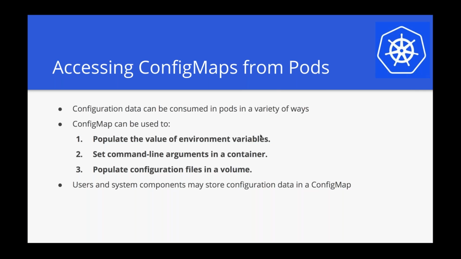You could also pass along the configuration settings as a command line argument, and config map supports that as well. And finally, you can pre-populate configuration files that are exposed as the file system to the container and pod. So if your application is expected to read from a specific configuration file from the file system, let's say your application expects the file to be available in /etc or /opt followed by another path and a specific file, you can emulate that through the config map.